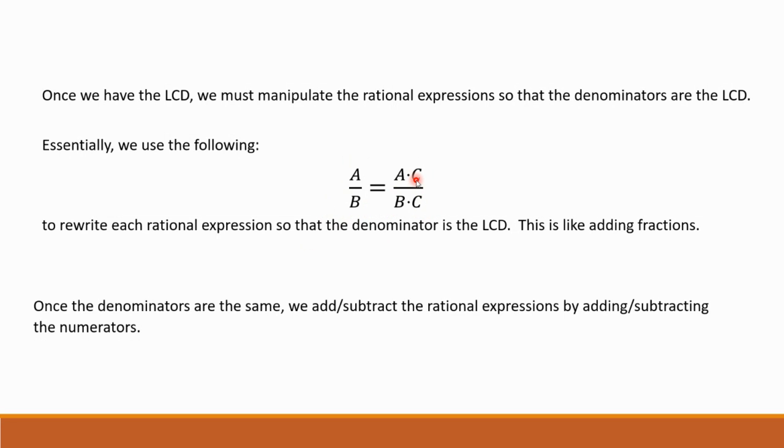You have to keep everything algebraically equivalent. Then, once the denominators are the same, you only add or subtract the numerators, and the denominators, of course, you leave alone. Also here, it probably goes without saying, B and C are non-zero. That kind of goes without saying, I guess, but felt better saying it anyway. So this is just a refresher.